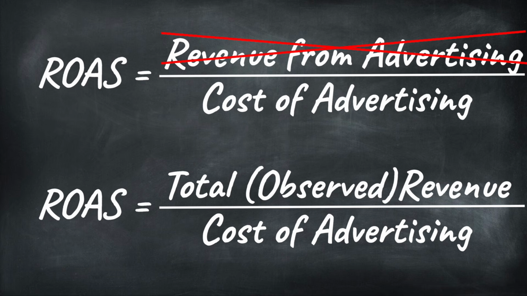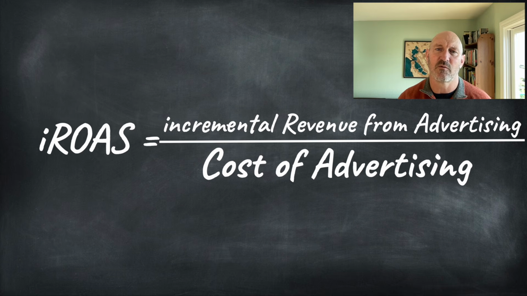And as a result, we now have a new term, iROAS, where I stands for incremental, which makes it more clear that we're looking at the incremental sales from the marketing efforts. In our example, where the business is new, the total revenue and the new revenue are the same, but in practice, they usually aren't. And so let's continue our example.